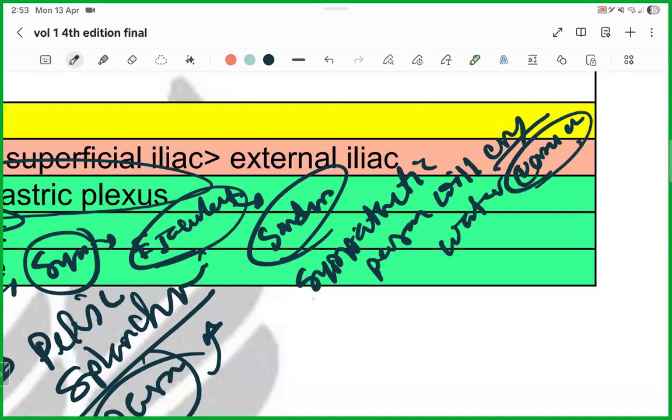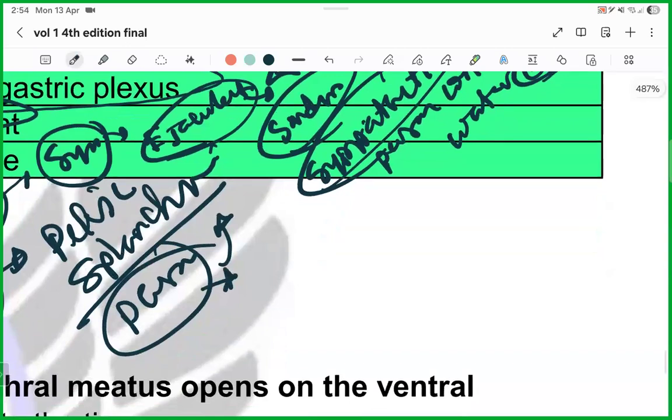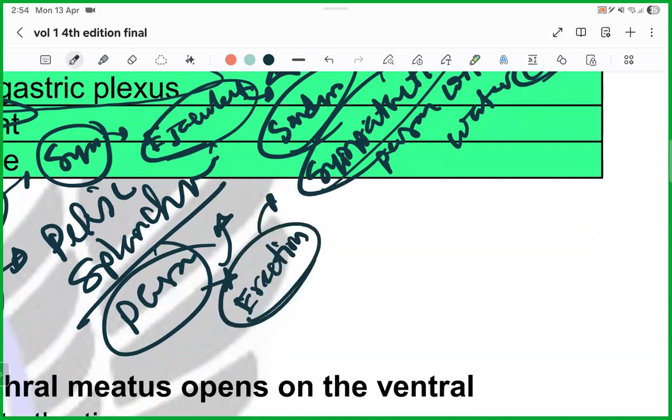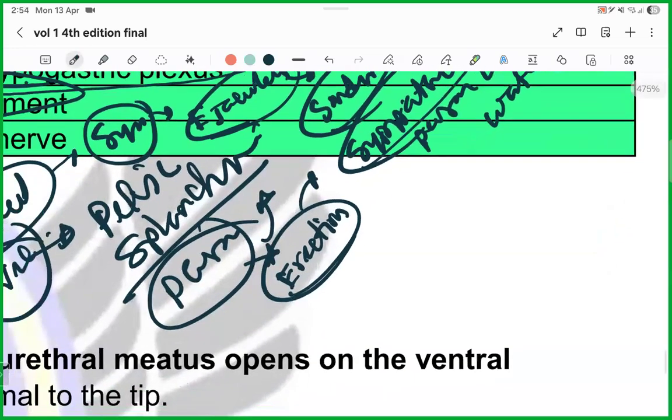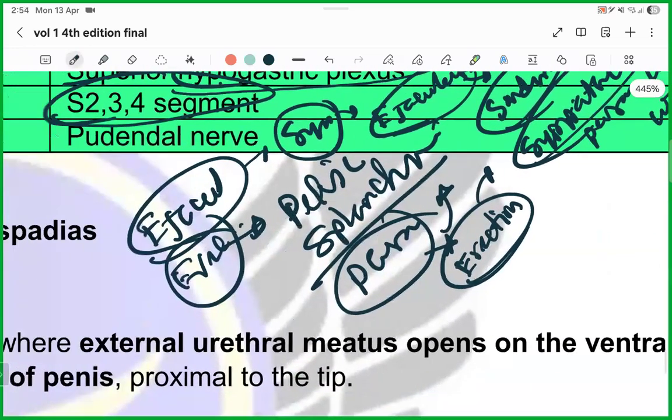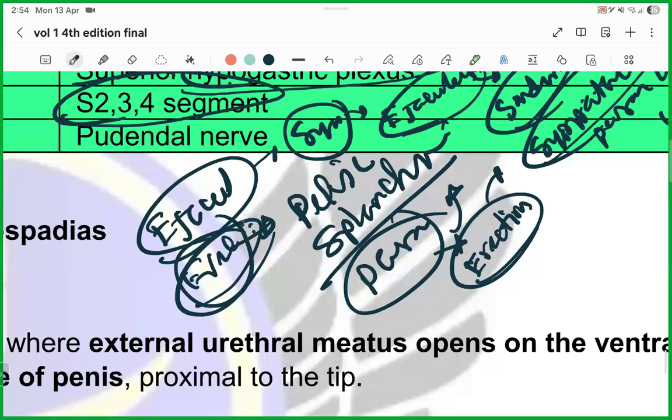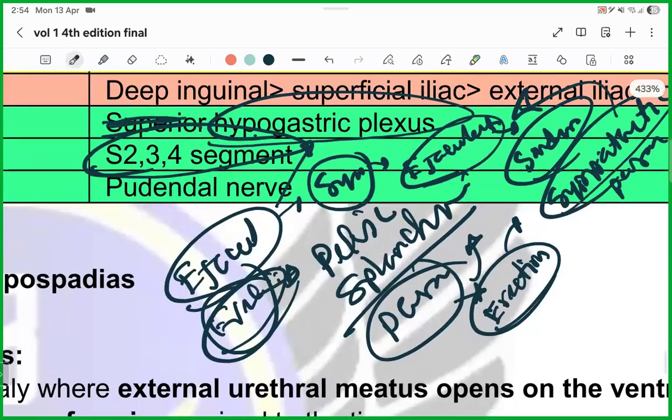That's ejaculation. So sympathy is related to ejaculation, and parasympathy is related to erection. Every year they will ask you either about ejaculation or about erection. Always remember that: pelvic splanchnic nerve for erection, and for ejaculation, sympathetic hypogastric plexus. Superior and inferior not important. Forget superior and inferior. Just remember hypogastric plexus.